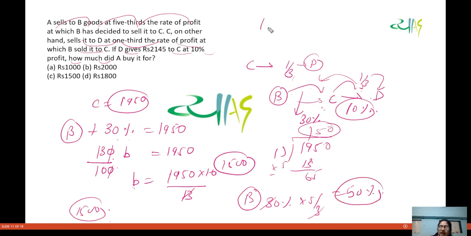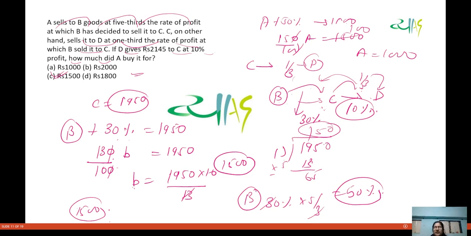Then it is coming to be 1500, so it is asking how much A bought it for. So obviously 150 by 100 into A is equal to 1500. So this and this get cancelled. This becomes 100 and A is equal to 1000.